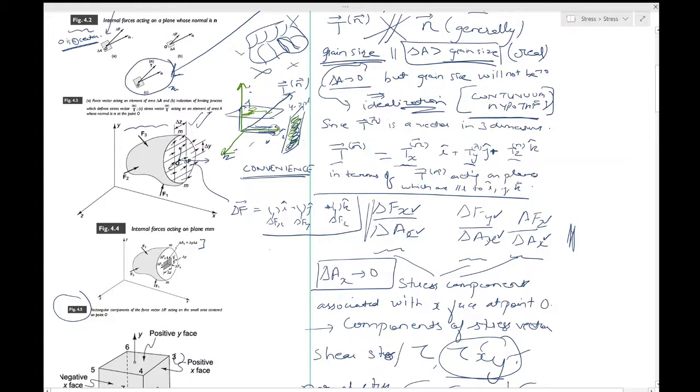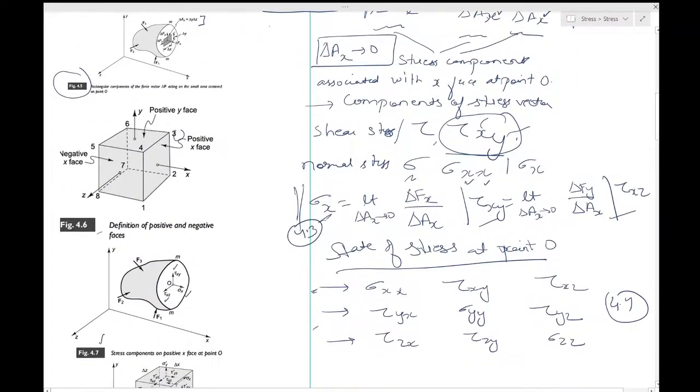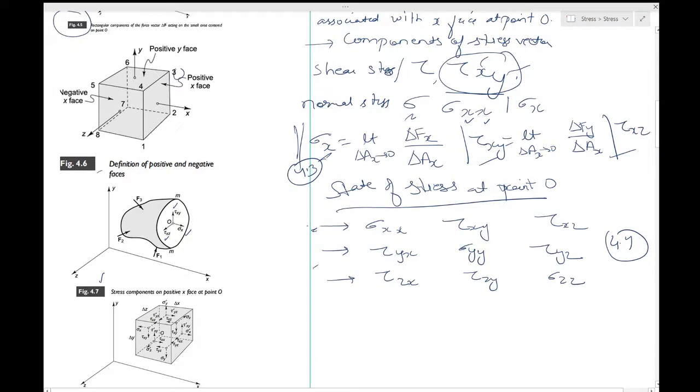So this one vector now can be written in terms of these three vectors, and what you have over here is essentially the components of that stress vector along these directions. So this will be essentially i cap, j cap, and k cap. So the component of the stress vector Tn, which is directed along the x-axis, is sigma xx i cap, plus tau xy j cap, plus tau xz k cap. And similarly for the other two as well.